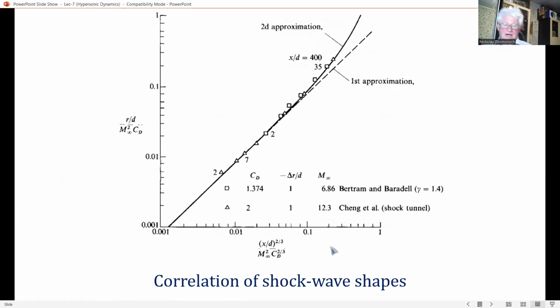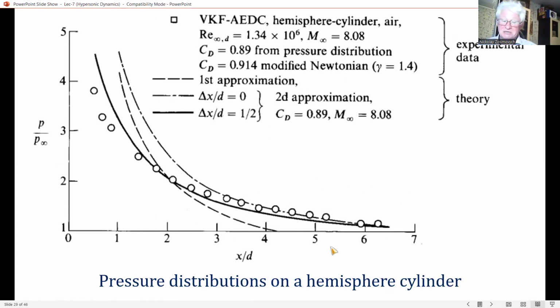Right? Results for the pressure distribution over a hemisphere cylinder are shown in this slide.